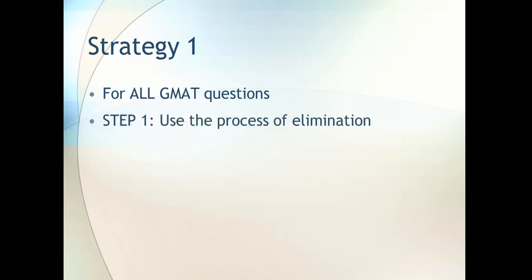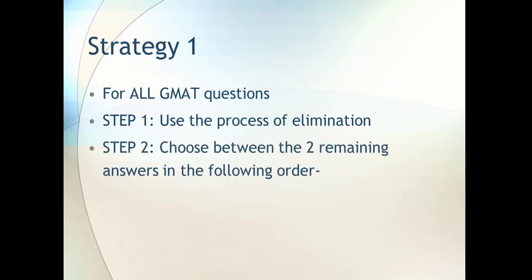Step 1 of this strategy: use the process of elimination, either A or B. That is, either eliminate 4 out of the 5 possible answers as definitely wrong, and then the remaining one is the correct one, or if you can't do that, at least eliminate 3 out of the 5 possible answers as definitely wrong. And then from the remaining 2, how are you going to choose? By following step 2. Choose between the 2 remaining answers in the following order: C, D, B, A, E.